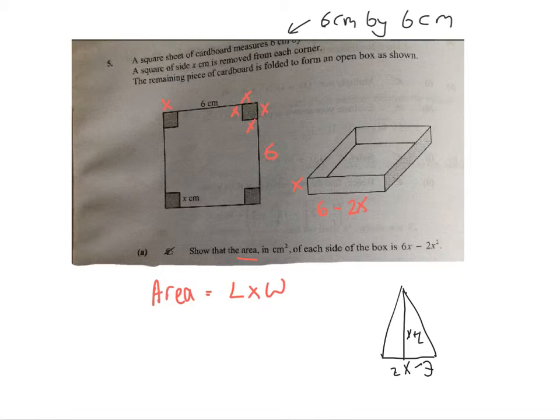and you're told that the area is say 40 centimeters squared, well then what you'd do is use the area formula for a triangle, which is half the base times the perpendicular height.